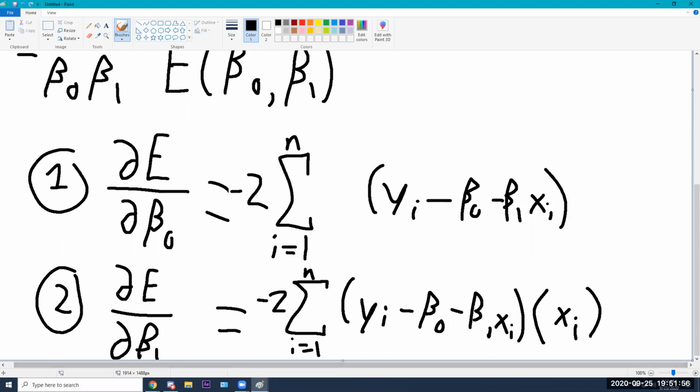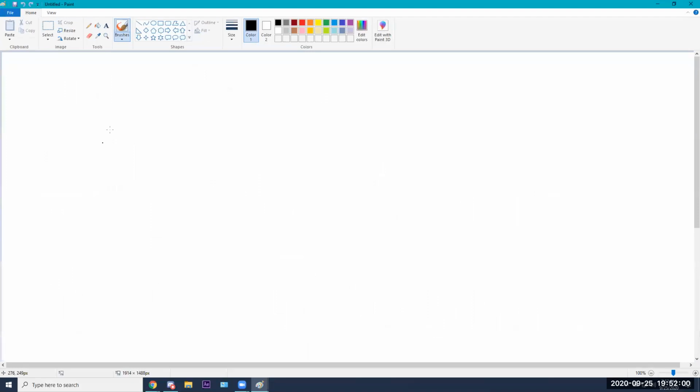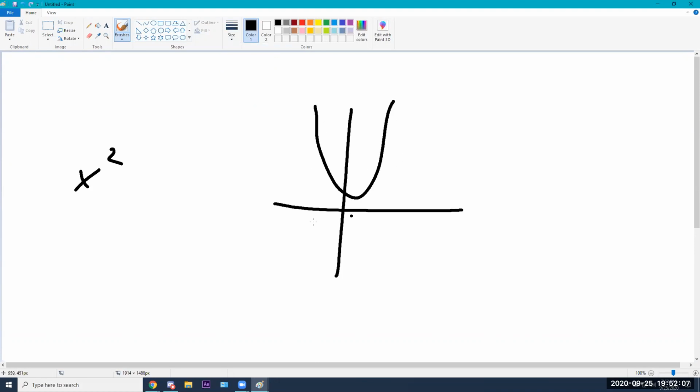For example, if you have a function, x squared, the way you'd find the minimum for that is setting the derivative of x squared equal to 0, since the tangent line equals 0. So the derivative of x squared is 2x equals 0. At what point is 2x equals 0? Oh, x equals 0. And you know that the minimum is at x equals 0.